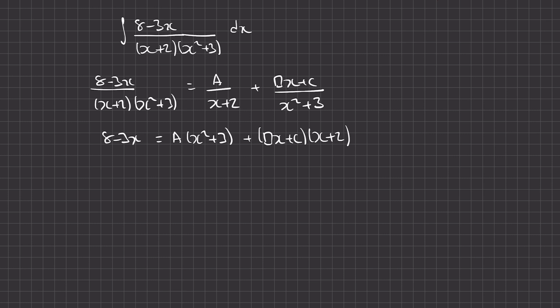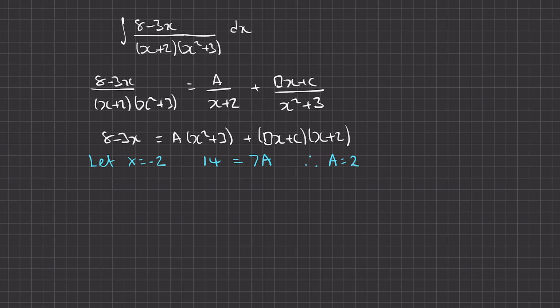So now we can cancel out this x plus 2 term by saying let x equal negative 2, which means this part will become 14, 8 plus 6, and this part will become 2 squared add 3, which is 7, so 7A, and this part will cancel. So therefore, A must equal 2.